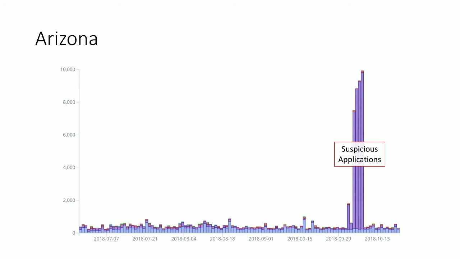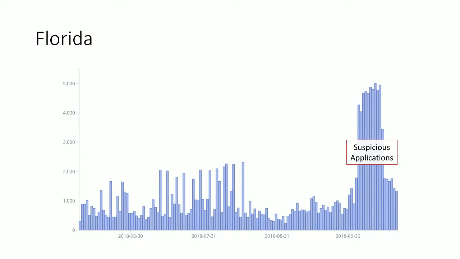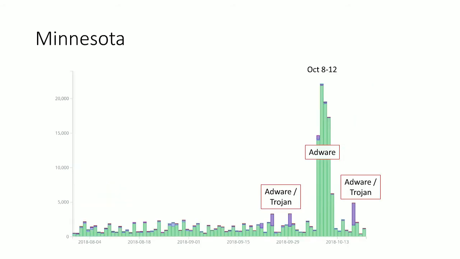I mean, in Ohio and in Virginia, those were Trojan detections, right? So look, here is Arizona, and this is just in the past couple of weeks, right? A major spike in applications. Same in Florida. Same in Minnesota, although the purple, they're definitely Trojan detections, right? And specifically in this case, adware.